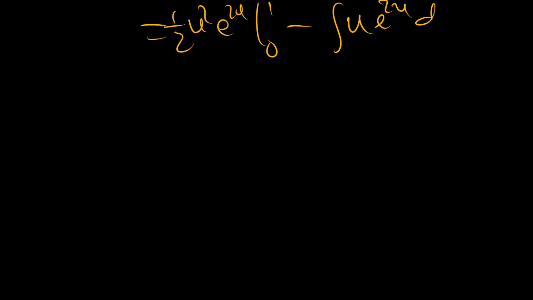Okay, so we have a half u squared e to the 2u from 0 to 1 minus the integral of u e to the 2u du from 0 to 1.